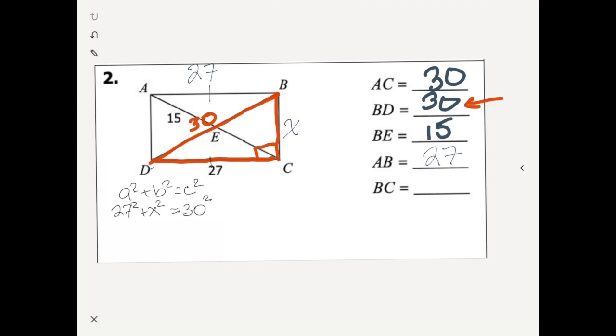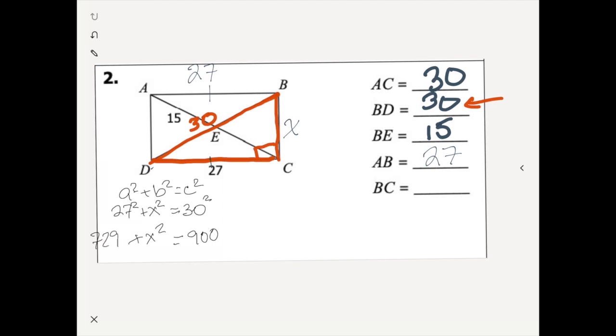So if you solve this, 30 squared is 900. We still have x squared plus 27 squared. I'm going to do in my calculator 27 times 27, and I get 729.